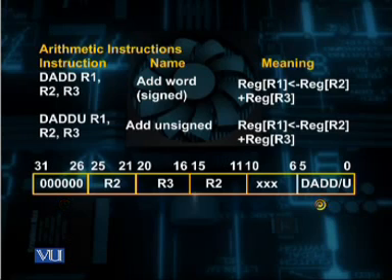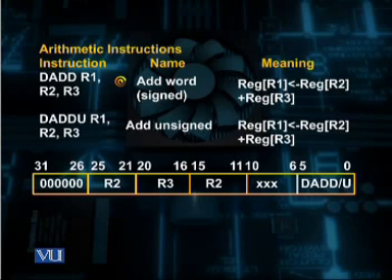Whereas the function is defined in bits 0 to 5, this 6-bit field defines what type of instruction word this is. So in this particular case, the assembly language code DADD stands for add a double word long data.